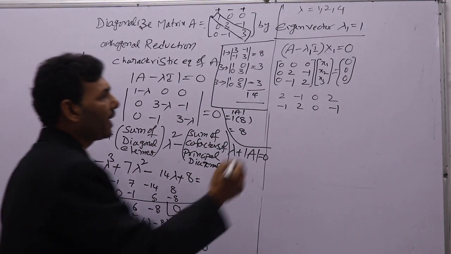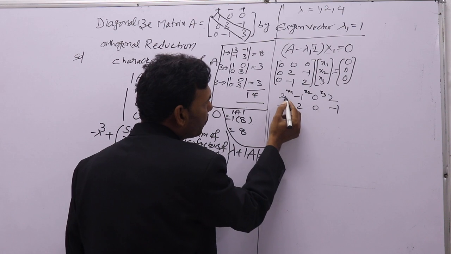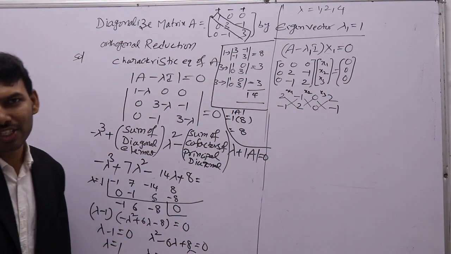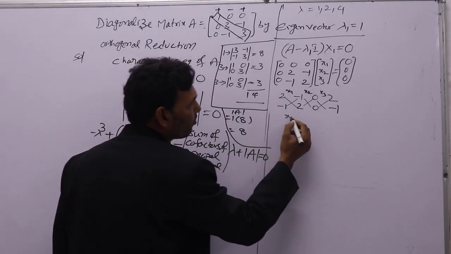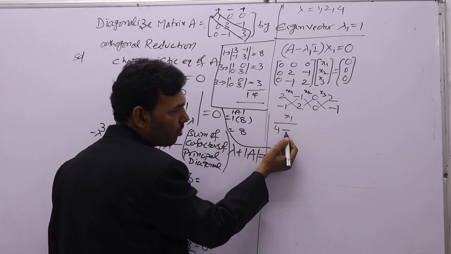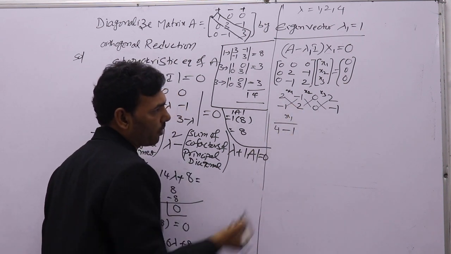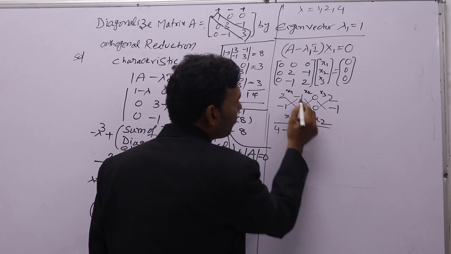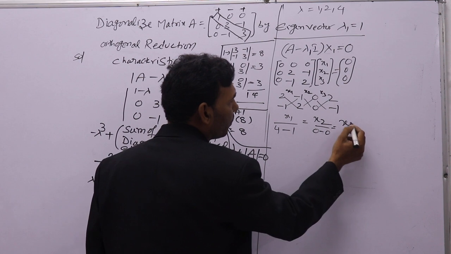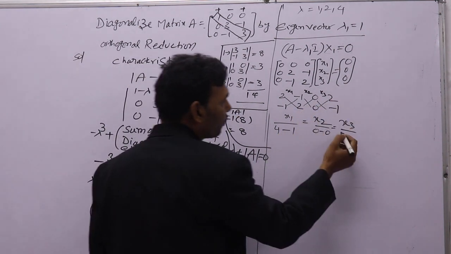Now using the AD minus BC technique, with x1, x2, x3, simply evaluate the values. x1 by 2 twos are 4 minus, in the formula you will have minus, here 2 minus, minus into minus plus, plus 1. x2 by minus 1 into 0, 0, 2 into 0, 0, equal to x3 by 0 into minus 1, 0, 0 into 2, 0.